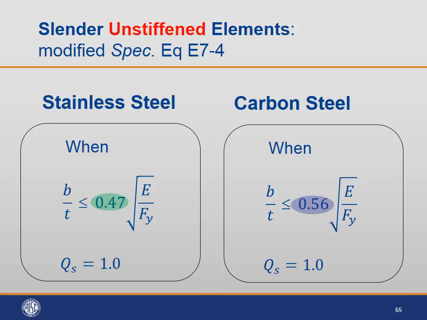So firstly, let's deal with unstiffened elements. So these are flanges. And here it's necessary to calculate the factor Qs. So it was necessary to modify the carbon steel expression to join up with the section classification limits that I showed you earlier on.